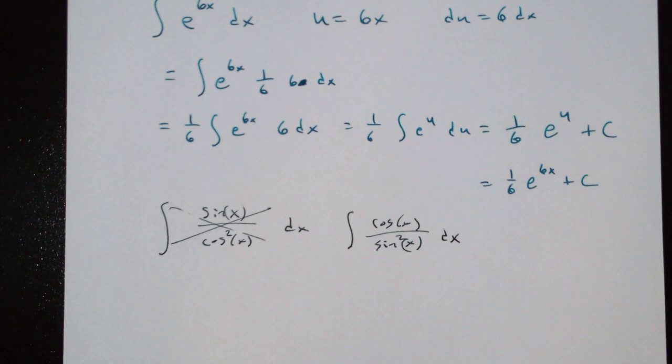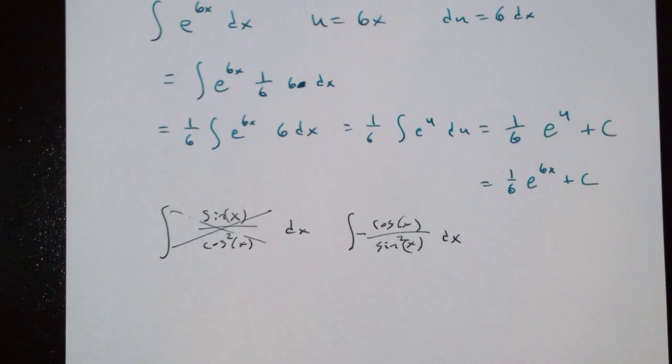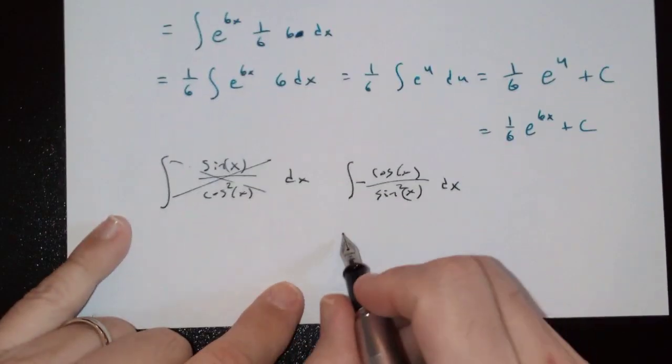When I did this yesterday, I split this up and wrote cosine over sine and 1 over sine. I said, oh, cosine over sine is cotangent, 1 over sine, that's cosecant. But what if, oh, hey, there was a minus sign also. What if I don't do that? What if I instead think of this as follows?